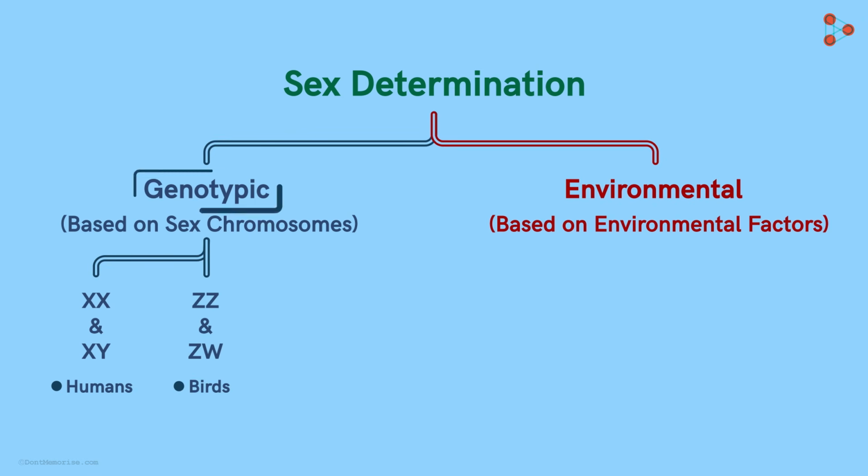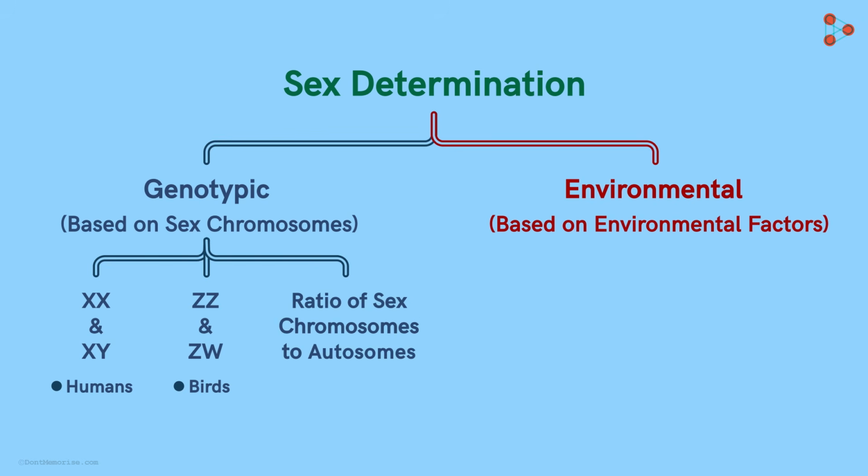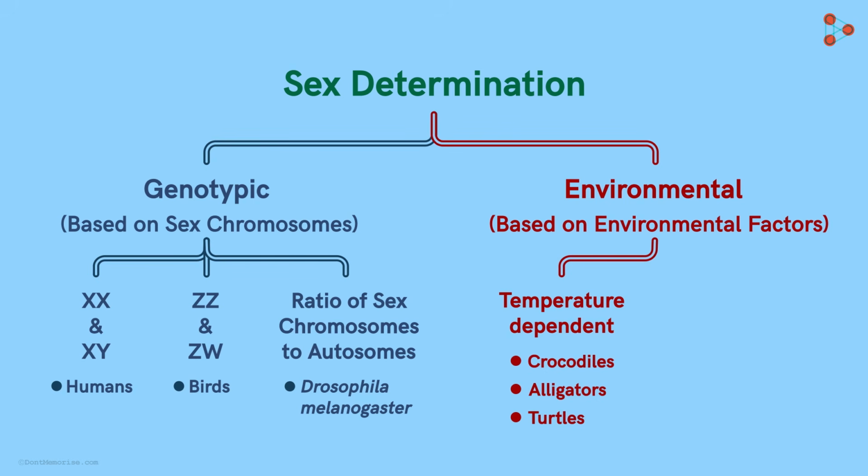Another type in this category is the ratio of sex chromosomes to the autosomes, which is seen in lower animals like Drosophila melanogaster. The second type of sex determination system is the environmental system. Animals like crocodiles, alligators, and turtles exhibit the temperature-dependent sex determination, while lower animals like the green spoon worm exhibit the location-dependent sex determination.